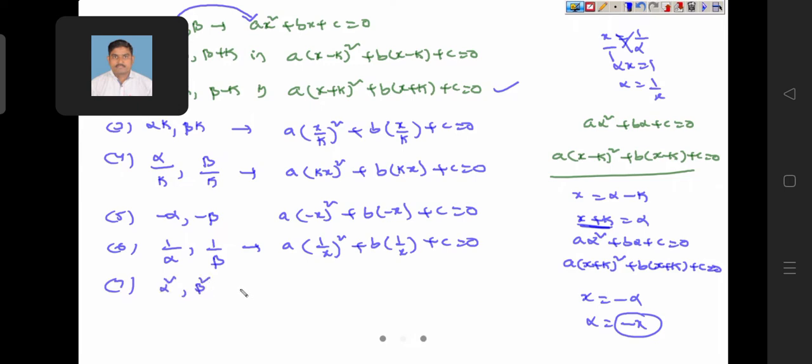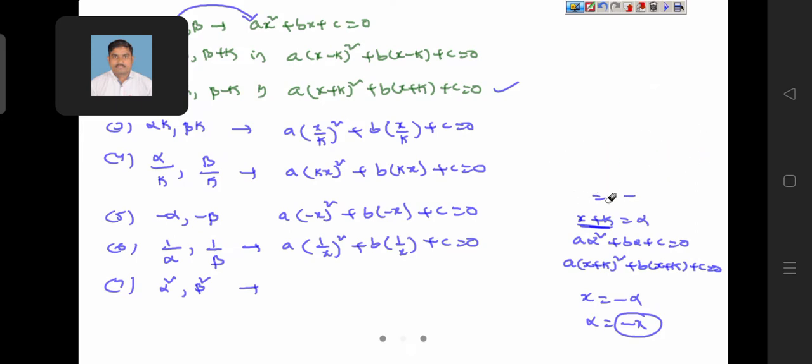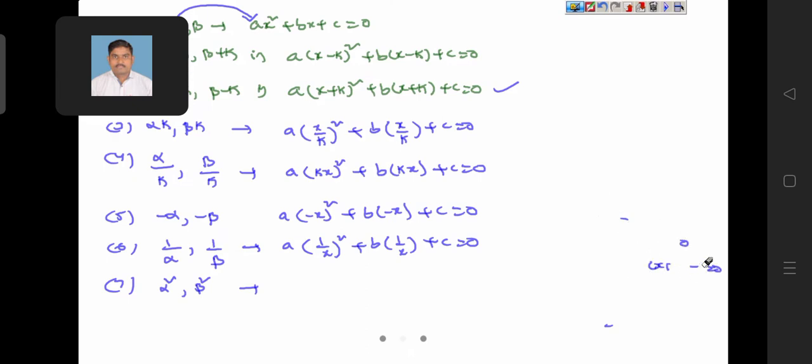What is the quadratic equation? In the same way, the quadratic equation whose roots are alpha square comma beta square means I will assume that x is equal to alpha square. When x is equal to alpha square, then what you will get? Alpha is equal to root x.